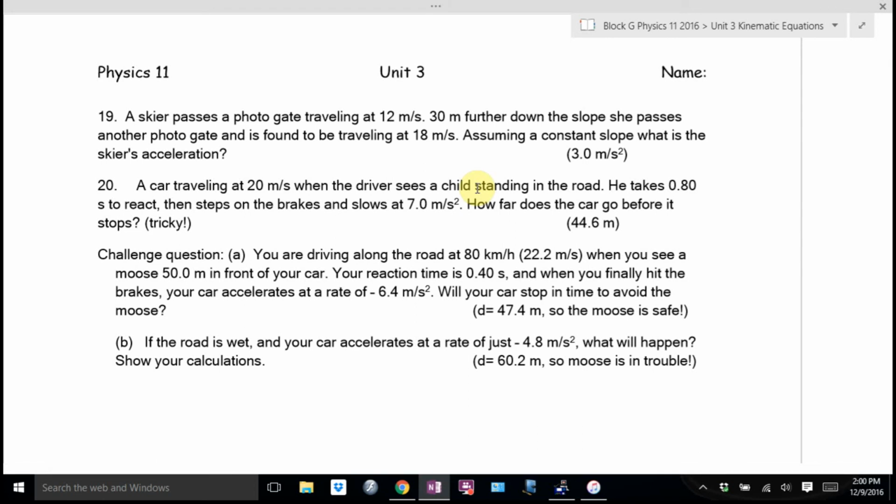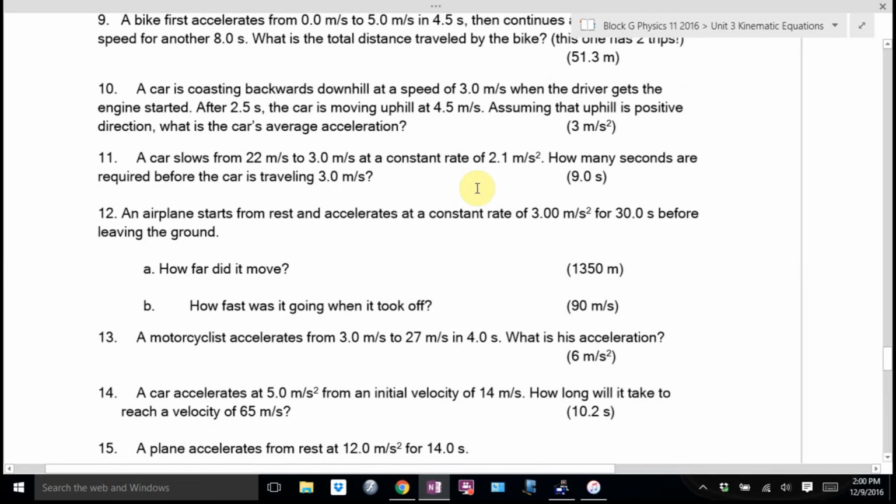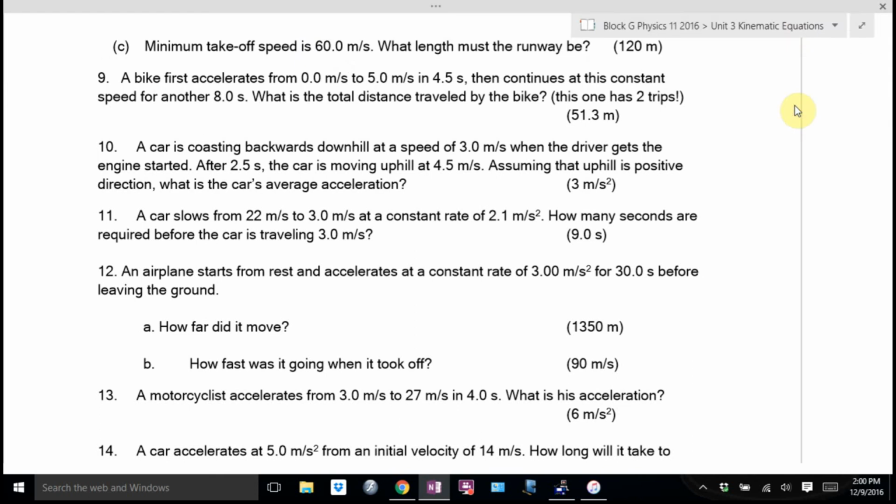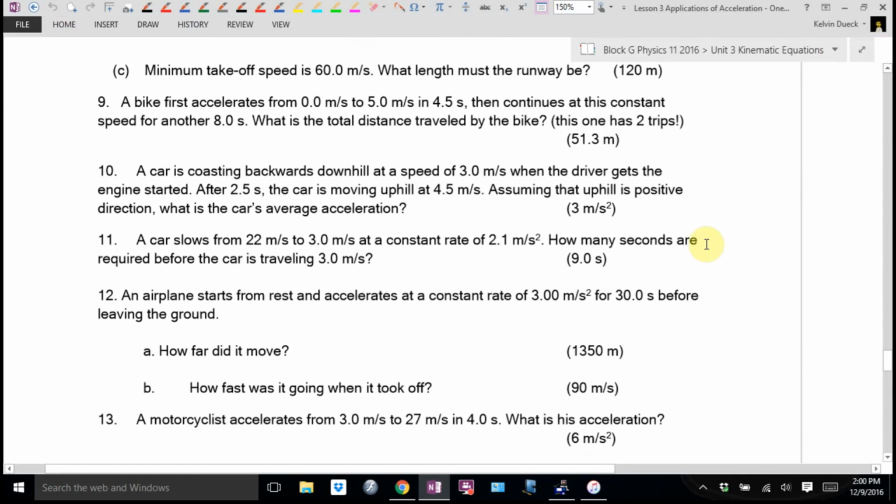You tried this time you tried it? Hey, that's how it works. Okay. What did I say in brackets? This one has 2 trips. So I'd probably do that. I guess I'm going to find the distance in the first trip. How about I call that distance D1? How about I call the second one D2?